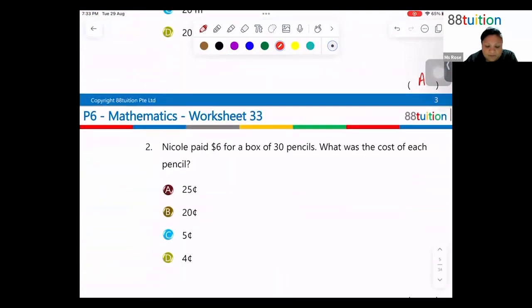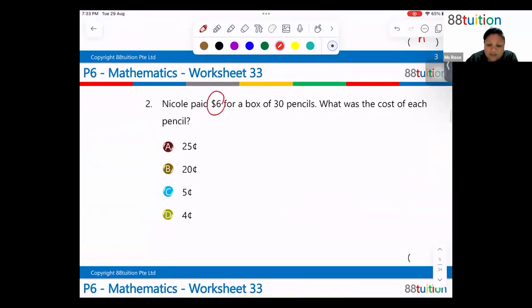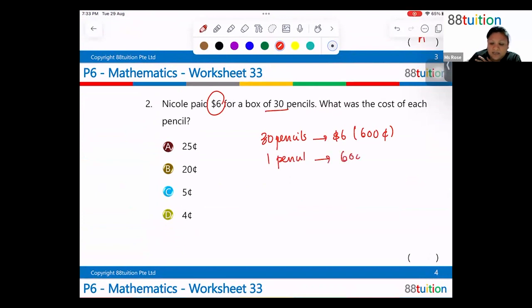Now, Nicole paid $6 for a box of 30 pencils. So a box of 30 pencils costs $6. I'm going to change this to 600 cents. So the cost of one pencil will be 600 divided by 30 to give me 20 cents.